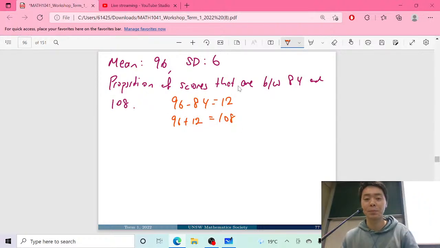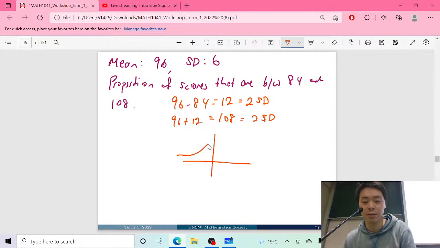So what does this tell you? It tells you that this is 2 standard deviations from the mean, and this is also 2 standard deviations from the mean, because the standard deviation is 6 and you are 12 points away. So by the 68, 95, 99.7 rule, if you look at your normal distribution, we're basically finding all of the scores that lie within 2 standard deviations. Roughly what proportion would lie inside this region here?